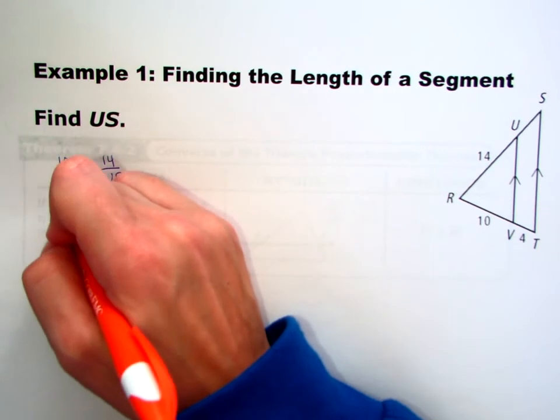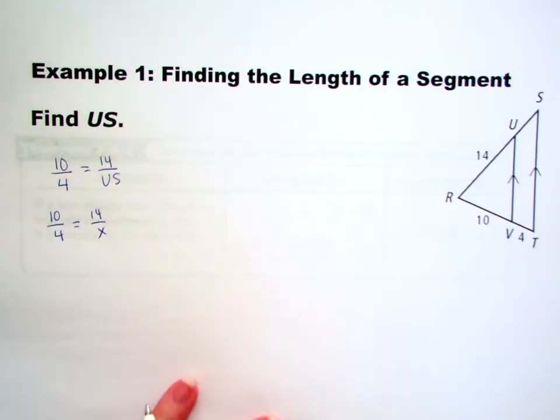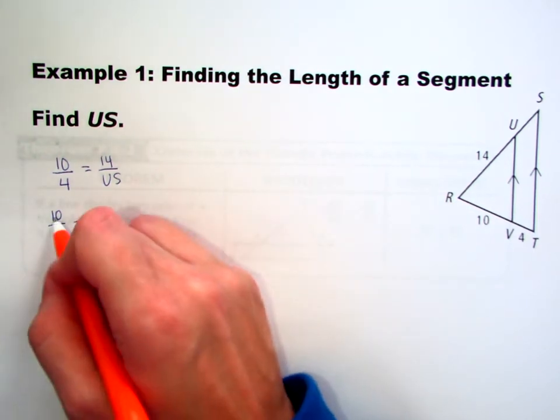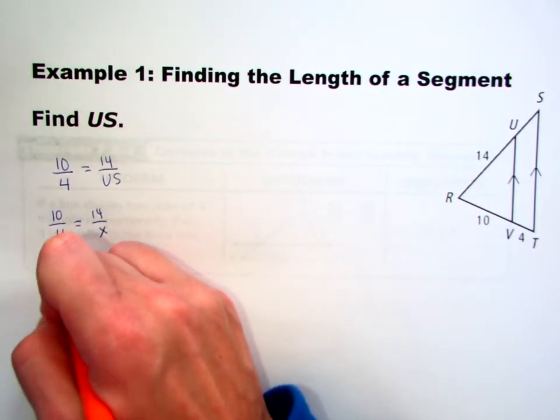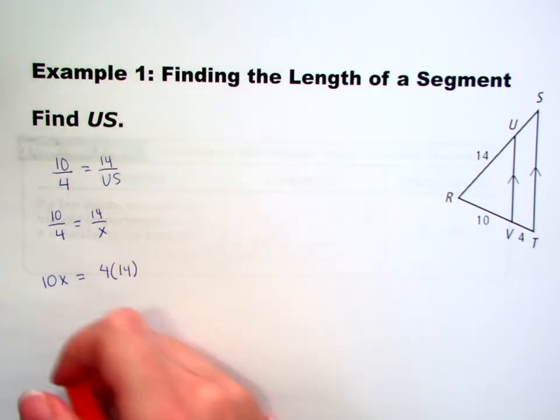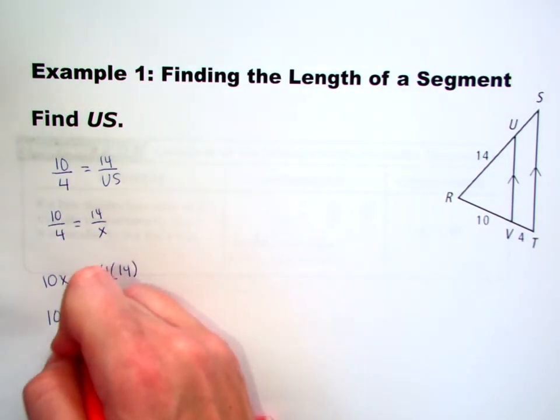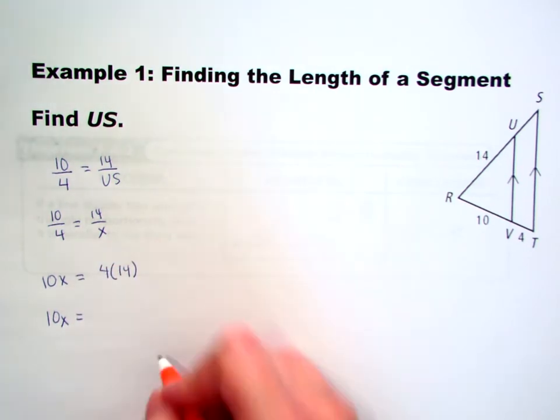You might also do it this way, which I kind of prefer because it's easier working with one variable. So put an x. And we'll cross multiply. 10 times x is 10x. And then we're going to do 4 times 14. And so what we're going to do is we're going to multiply and then solve this. And so we get 10x is equal to 56.